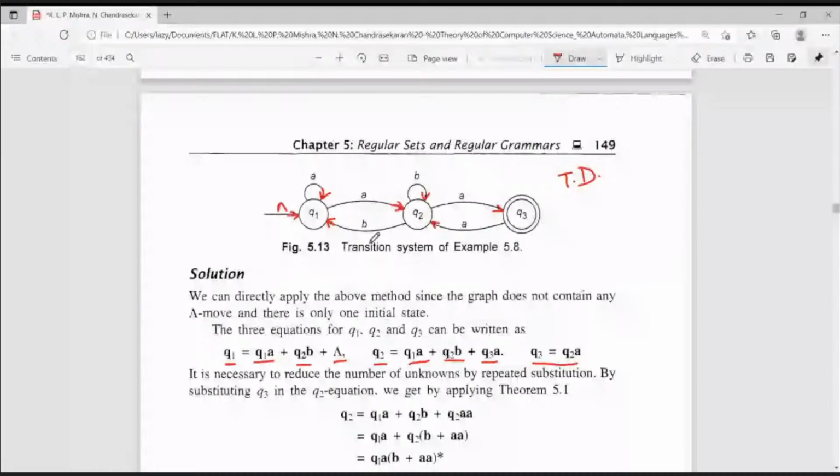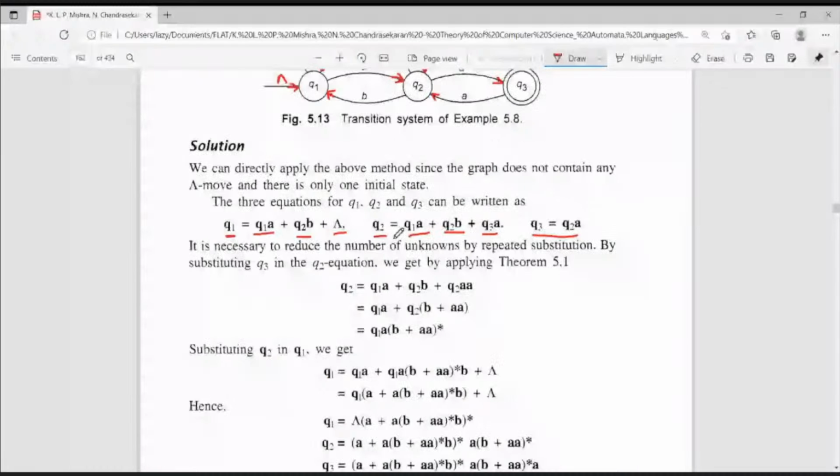So we have simply rearranged a few terms. We have to get an equation for q3, and q3 is in the form q2a, so we have to find what q2 is. For q2 we have to simplify the expression.